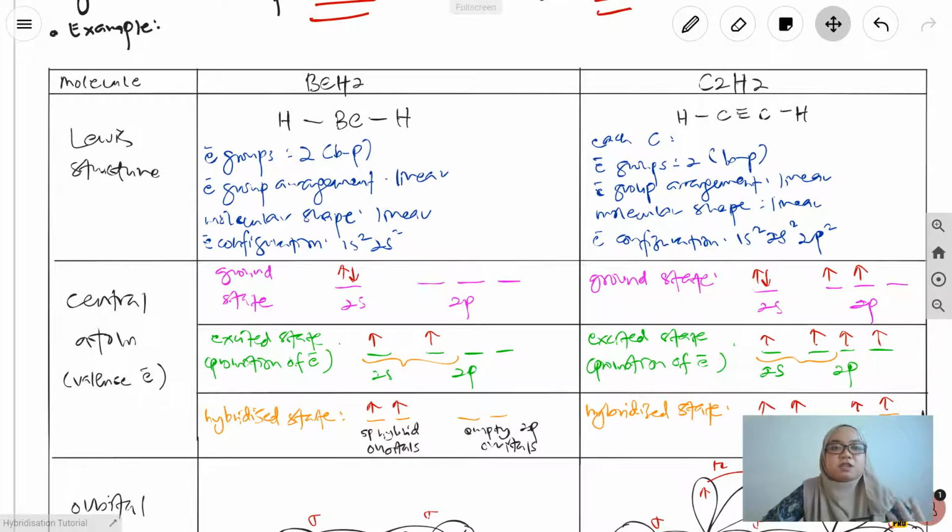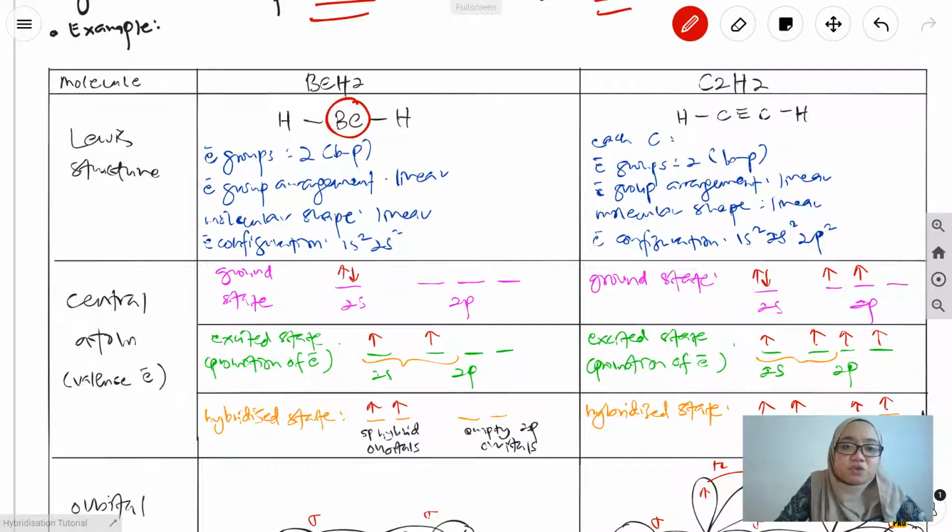Alright, so now let's look at the first molecule. We have BeH2. So the first step, we need to draw the Lewis structure of the molecule. In this case, I have drawn BeH2. When we look at this molecule, we need to focus on beryllium, the central atom.